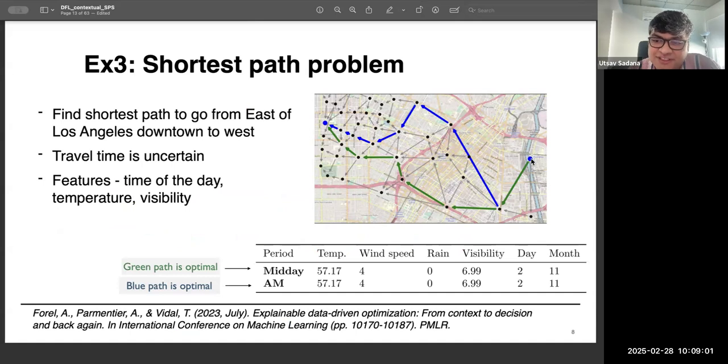You want to go from this point to this point, and depending on the time of the day, you can predict whether the green path is optimal or the blue path is optimal. Here they use as features the time, temperature, wind speed, rain, visibility, day, and month. However, if you keep all these features the same and change only the period of the day, you can predict what the optimal decision is.